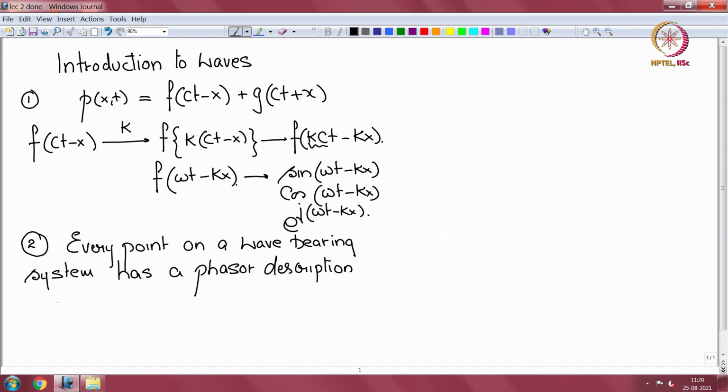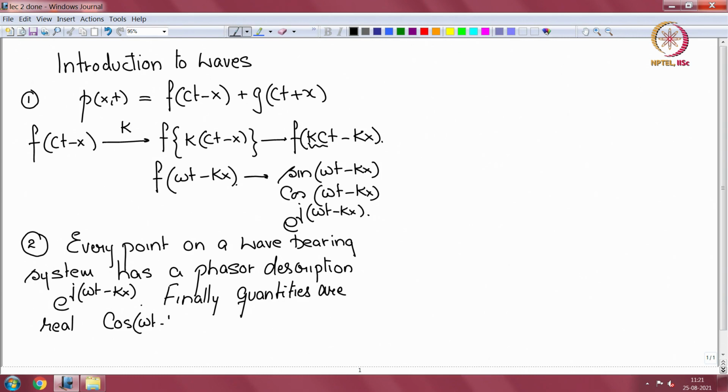That means it has its own e to the power of j omega t minus kx. But I also said that everything is real. Finally quantities are real. Which means the expression has to be either a cosine omega t minus kx or a sine omega t minus kx.